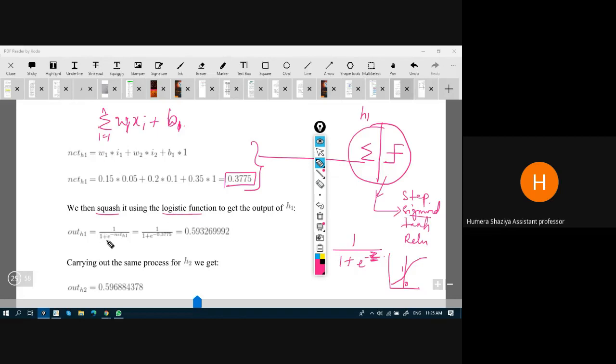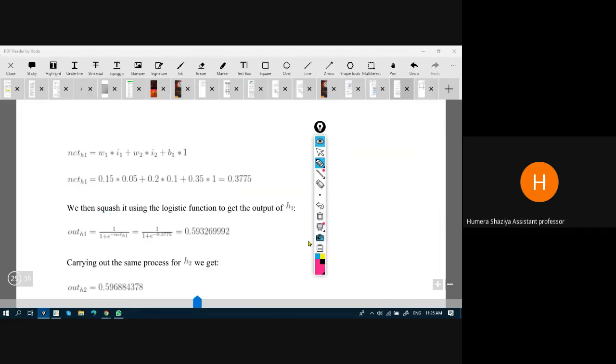So it is 1 over 1 plus e to the power of minus net H1, and net H1 is this value, 0.3775. If you compute the values, you get this output. And then you have to perform the same process for H2.